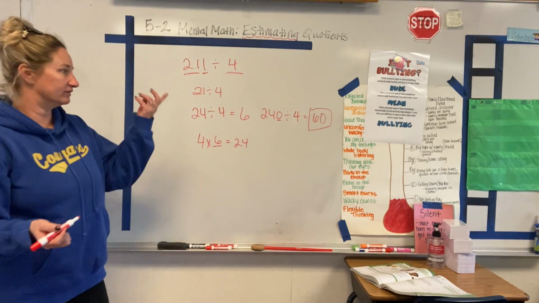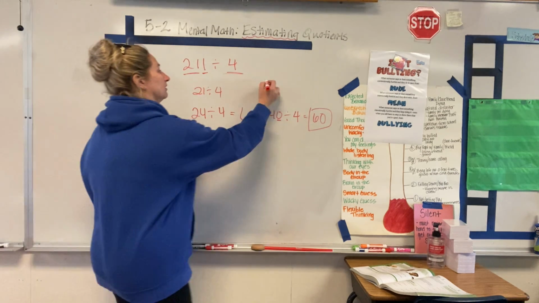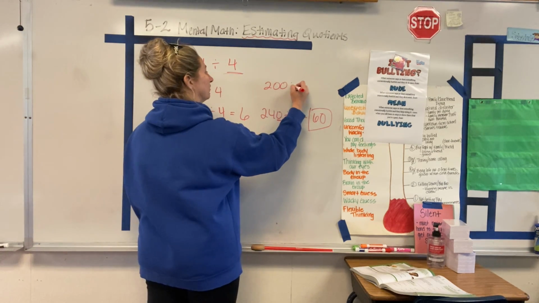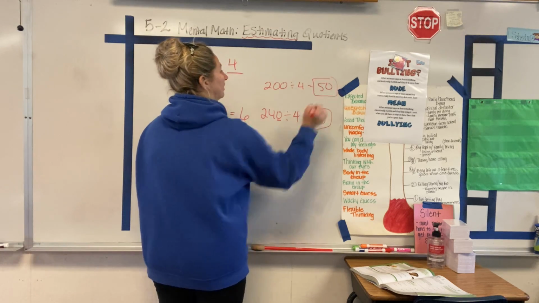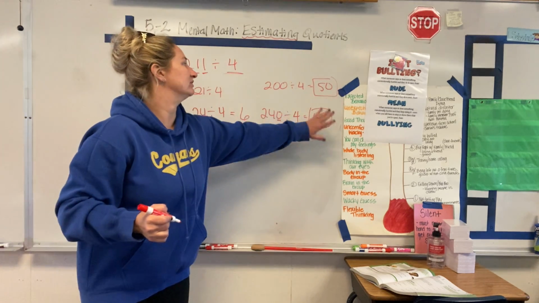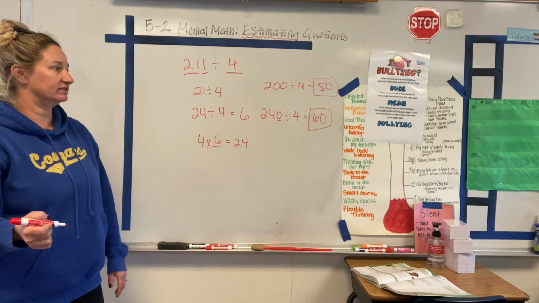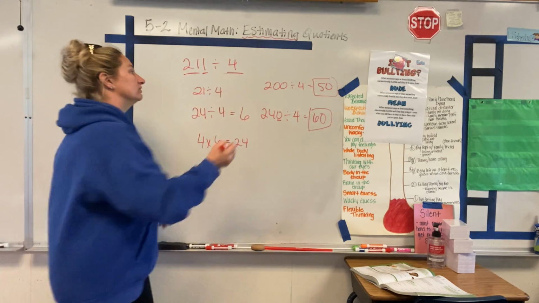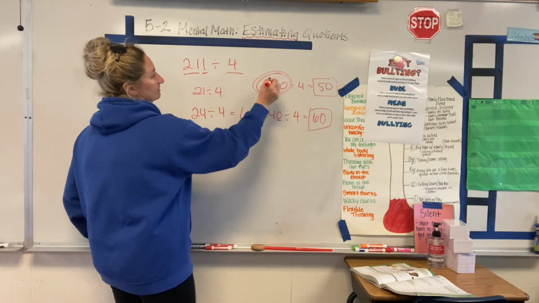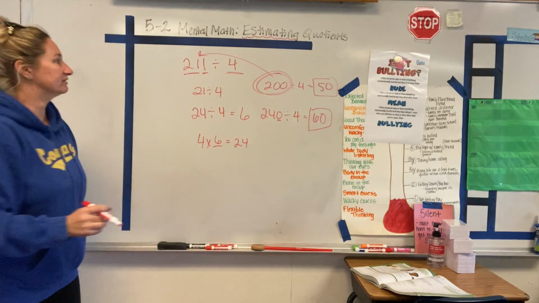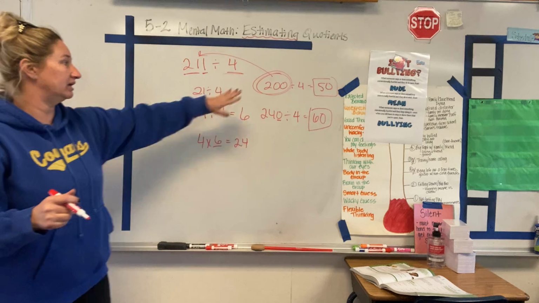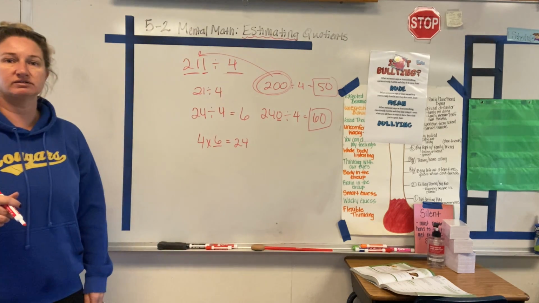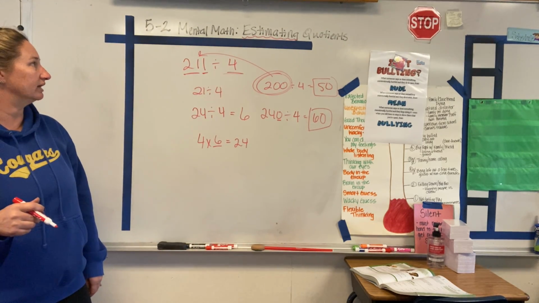My first one, I got 200 divided by 4 equals 50. And the other one, 240 divided by 4, they're close. 50 and 60 are close. This one's closer because 200 is closer to 211. But when you're estimating, either of those answers would be correct.